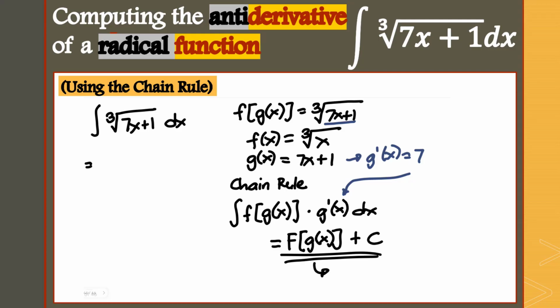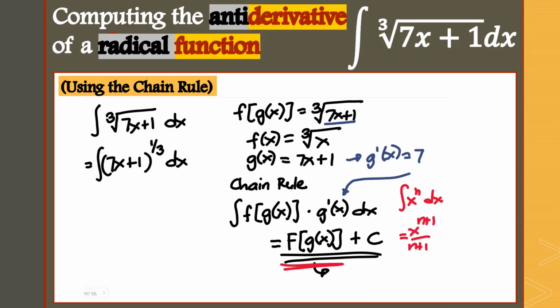So going back here, this could be written as 7x plus 1 raised to the power of 1/3 dx, as cube root is actually a fractional exponent 1/3. Looking into that form, we can actually use here the power rule, the integral of x to the power of n dx, which would give us x to the power of n plus 1 over n plus 1 plus c. But instead of x, it's the entire binomial function here.